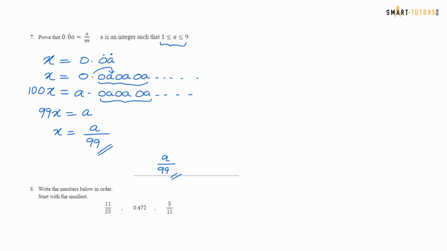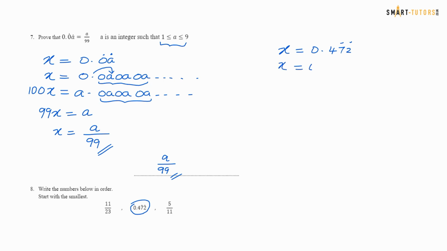Question number 8. Write the numbers below in order, starting with the smallest number. First of all, we need to make this an equivalent fraction. So I'm going to do this here. x equals 0.4, 7 and 2 are recurring.